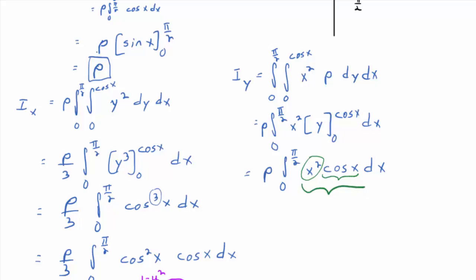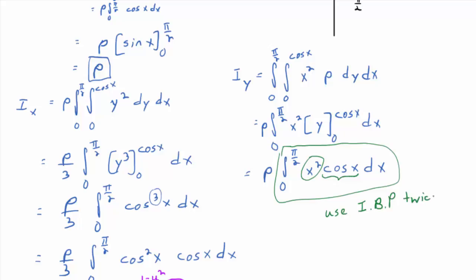So well, I'll just say it this way. I'll say use integration by parts twice. Integration by parts, IBP, twice. And you should get, if you do that, rho times pi squared divided by 4 minus 2.